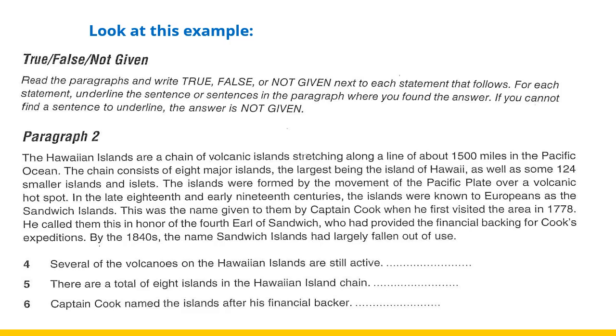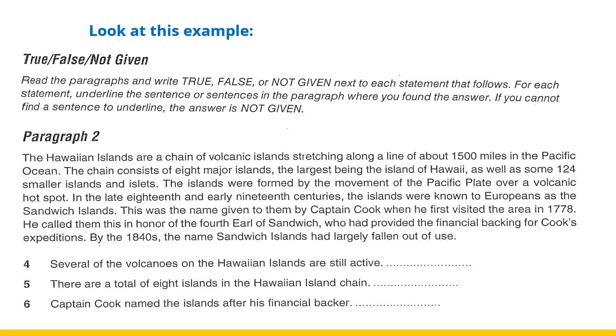You try to highlight or circle some words that have Hawaii or Hawaiian islands, and then start reading these sentences. I actually read this short paragraph and I couldn't find this information whatsoever. I saw some information about Hawaiian islands, but I haven't seen anything about active volcanoes. So that is why my number 4 is going to be not given.